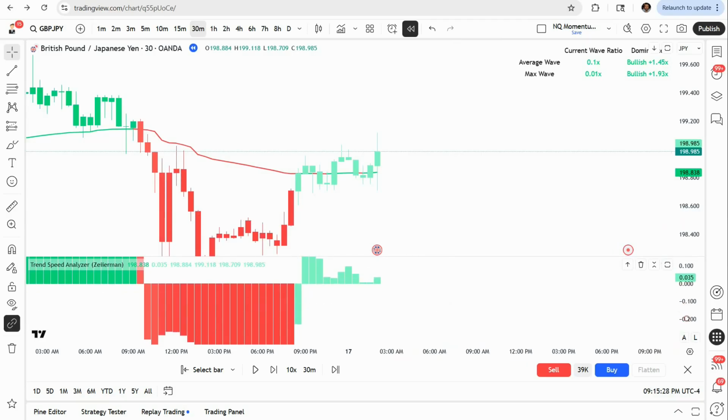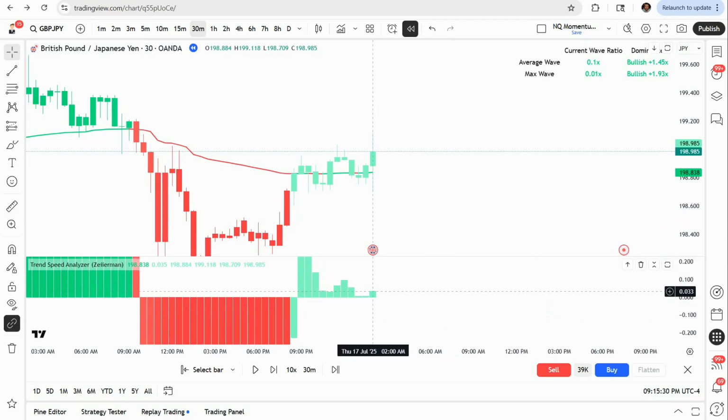At the same time, we're going to look down to the histogram bars at the bottom. What we want is for the histogram bars to be increasing in size. As you see, as it pulled back right here and this candle started to push up, the histogram bar stayed at the same level. So what I did was give it one more bar.